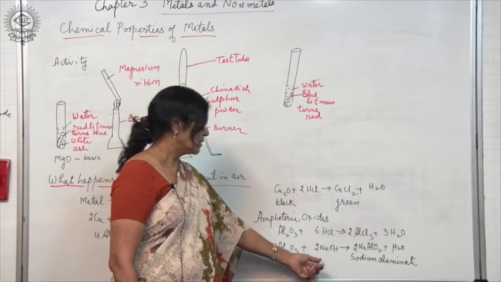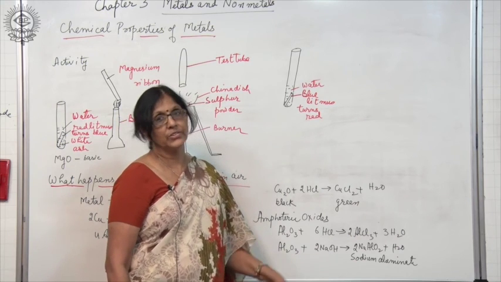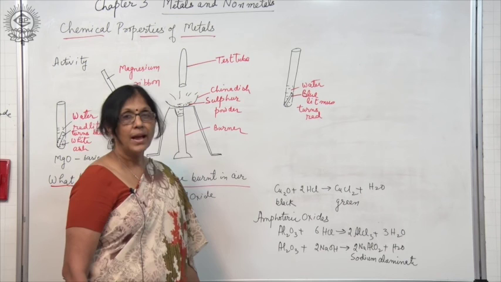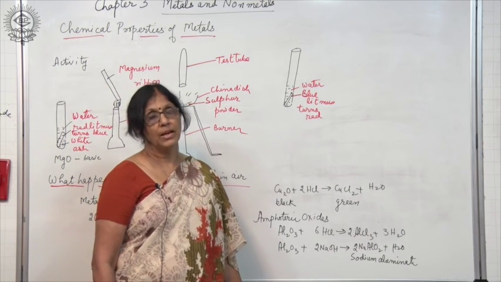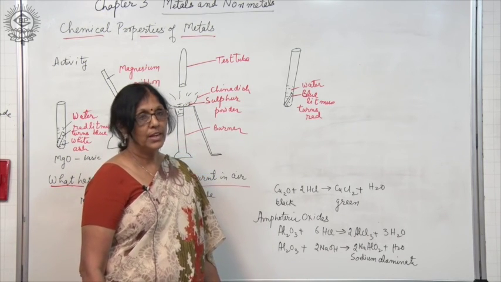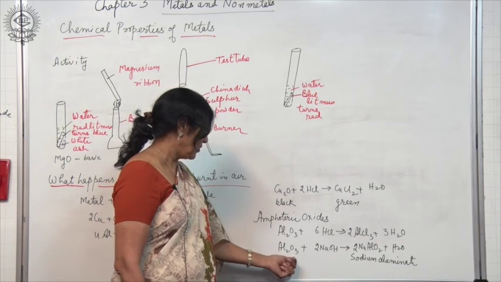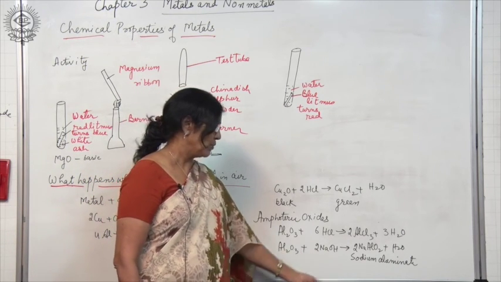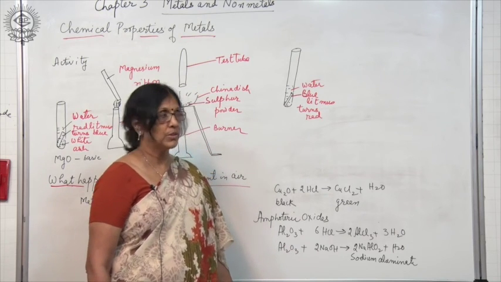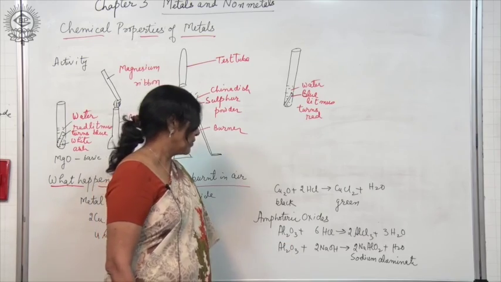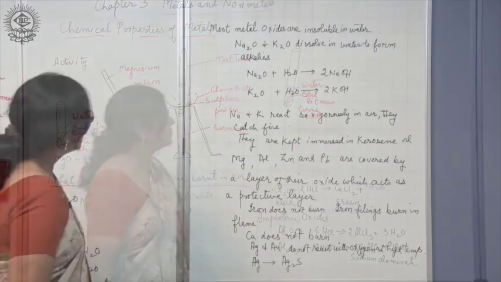Aluminium oxide also reacts with a base, that is sodium hydroxide, and it forms sodium aluminate, NaAlO2. The balanced chemical equation is Al2O3 plus 2NaOH gives 2NaAlO2 plus H2O. So, these are certain examples of amphoteric oxides.